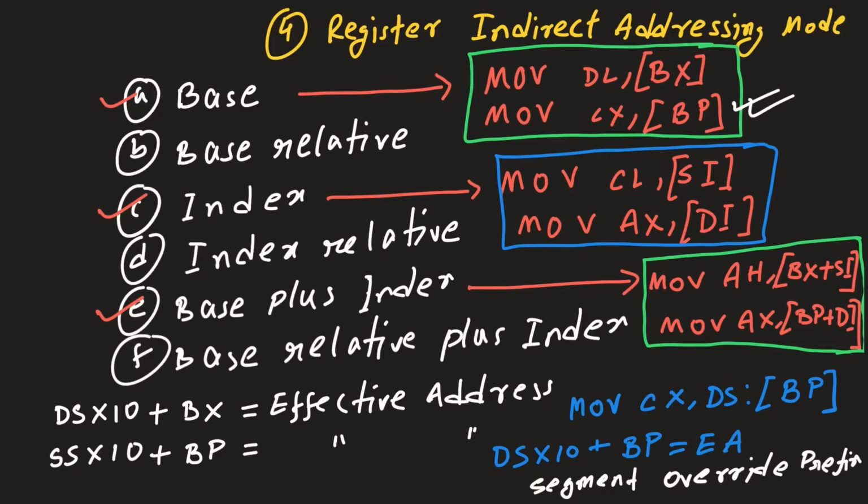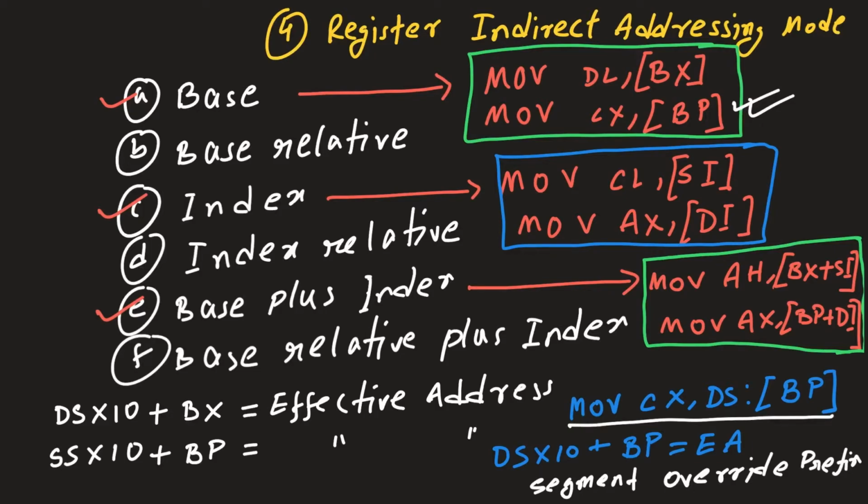Using segment override prefix, we can change the segment register, but not for all. We cannot change it for code segment. It's by default instruction pointer and it should be instruction pointer, but this can be done.